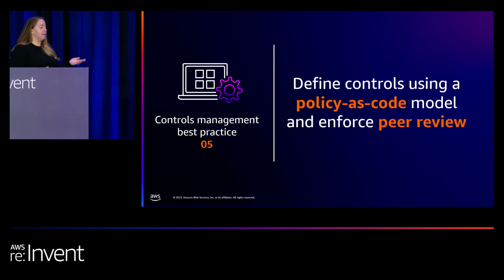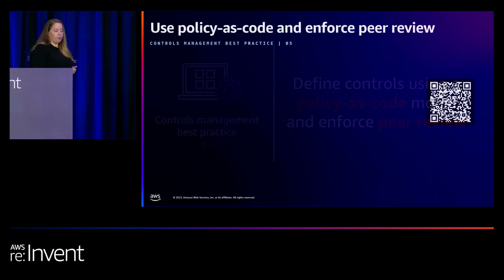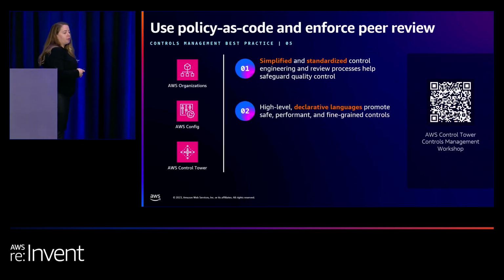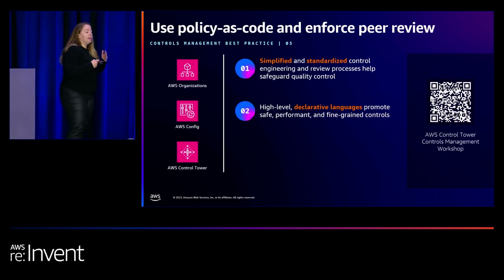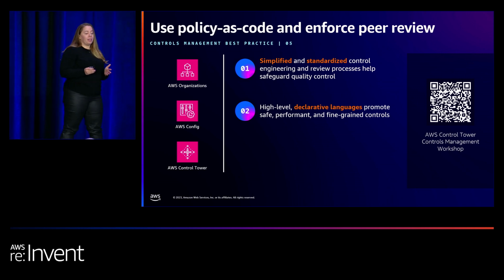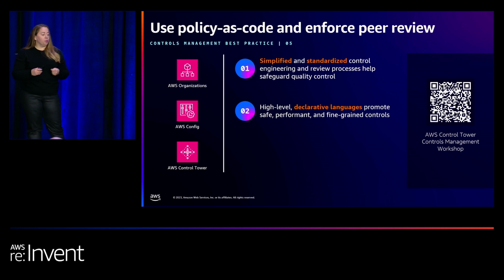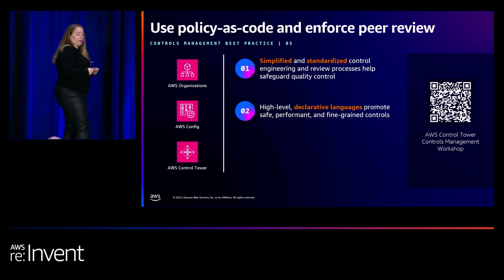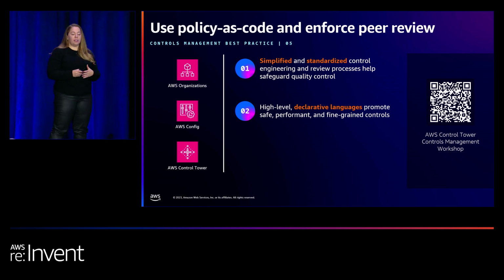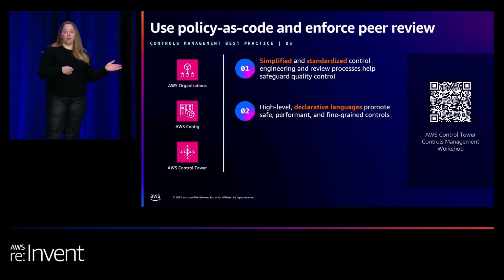Also, Open Policy Agent is another example. And these really help you to create simplified and standardized control engineering and really help provide a review process to safeguard that quality control. So the high-level declarative languages really help promote safe and fine-grained controls.